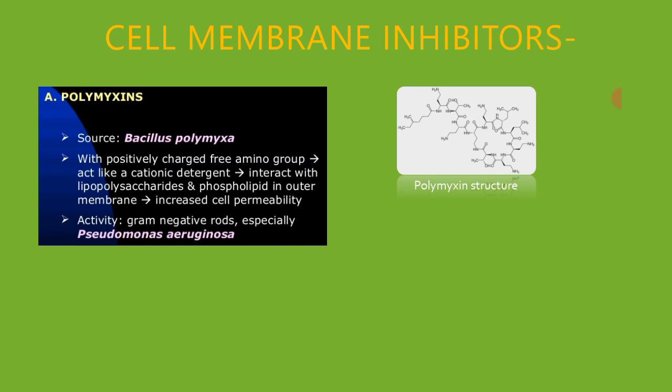They adversely affect the normal permeability characteristic of a cell membrane. Okay, and this type of drug, the polymyxins, are particularly effective against gram-negative organisms. This polymyxin will come under the bactericidal drugs, that they will kill the cells.